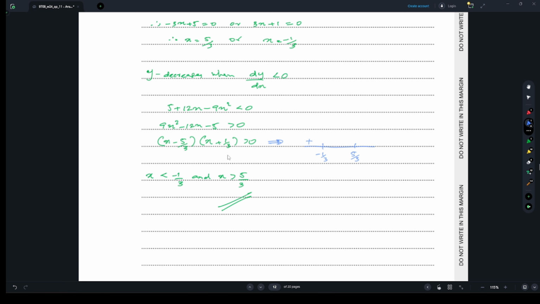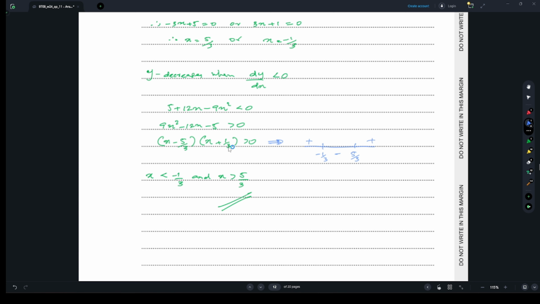Easiest value is 0. So if you substitute x equals 0 here, then in the first bracket, it is minus 5 over 3. And then the next one, it's 1 over 3. So minus times plus. So it's then minus. And then a number which is greater than 5 over 3. Let's say 10. So if you put into the first bracket, 10 minus 5 over 3, positive. 10 plus 1 over 3, again positive.